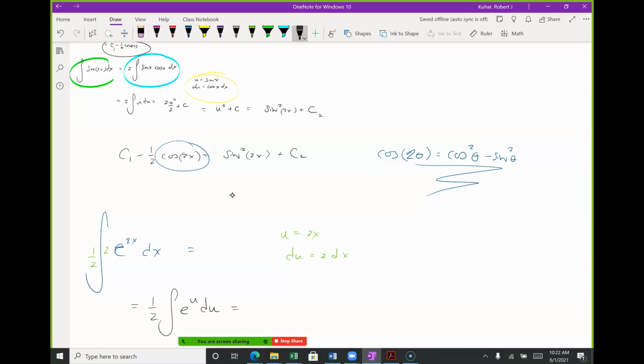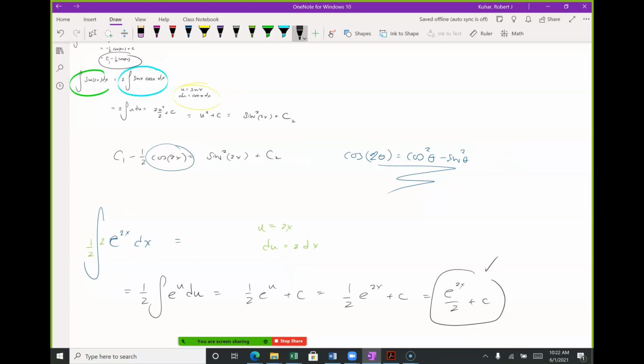But that's one I recognize. I know that if I took the derivative of e to the u, I would get e to the u. So I have 1/2 e to the u plus c. But u is 2x. So I have 1/2 e to the 2x plus c. Same answer I got before, when I did it with a different method.